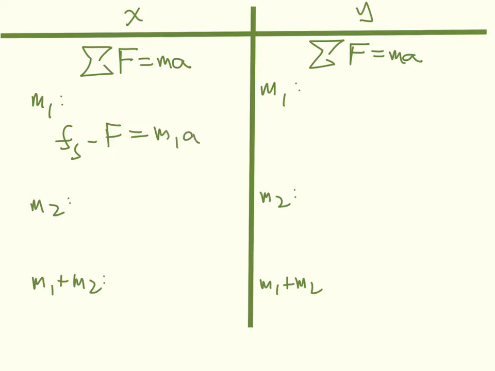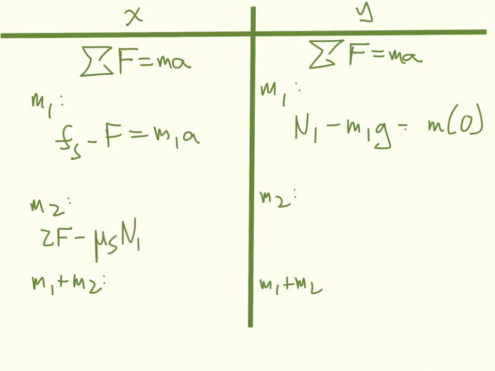So in the x direction, M1 looks like this, and in the y direction, the forces are balanced. That's M1. M2 has that force acting on it twice. Then it has the friction force from the block acting backwards on it, equal to M2 a.